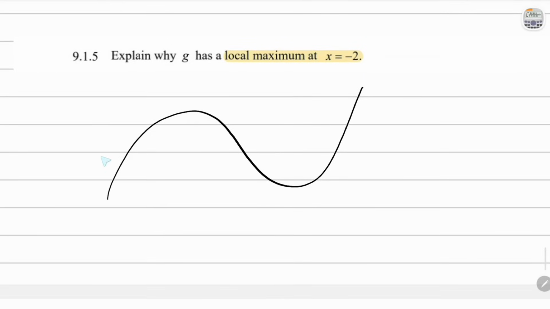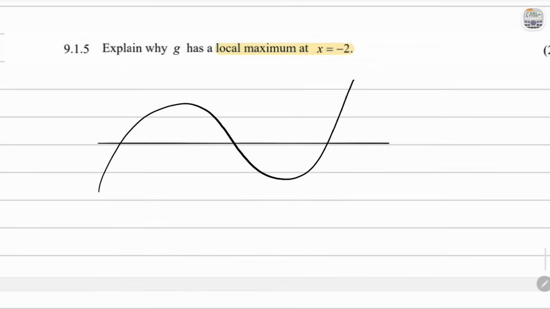So we know it looks like this. And we're not trying to just prove to them that this is a turning point, but specifically it's a local maximum. So we know that we have two turning points, and those turning points happen at x equals 6 and x equals -2. So why is the one at x equals -2 a local maximum?